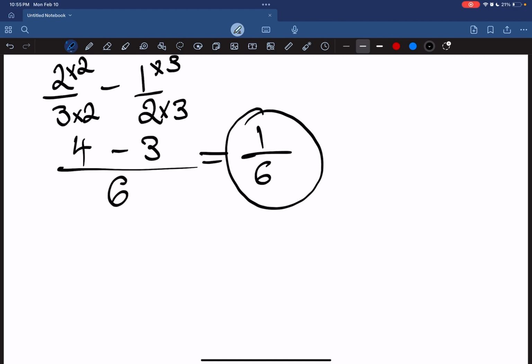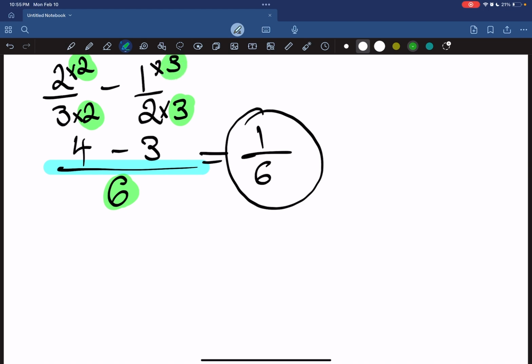But instead of writing two separate fractions, we'll do it with our LCM format, which is basically drawing our line and writing our LCM right here. Then decide what number we multiplied each denominator by to get the 6 down here. We multiply 3 by 2 to get 6, so multiply the numerator also by that 2. We multiply 2 by 3 to get 6, so multiply the numerator also by that 3.